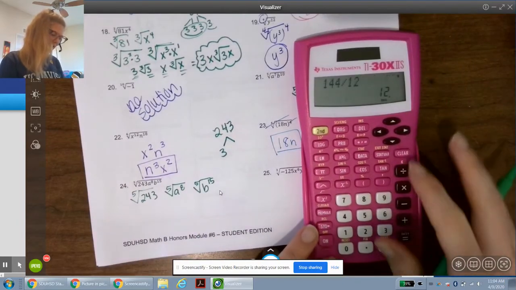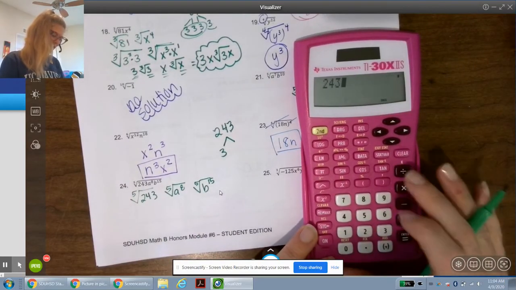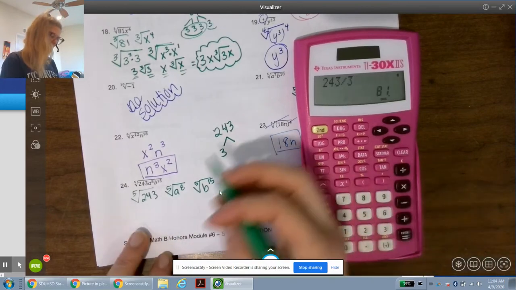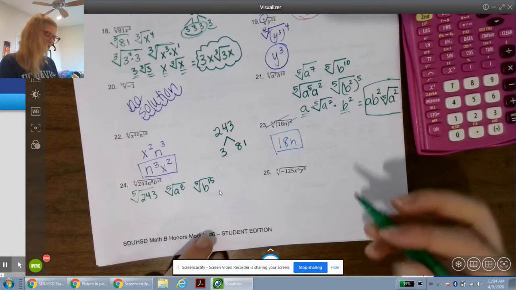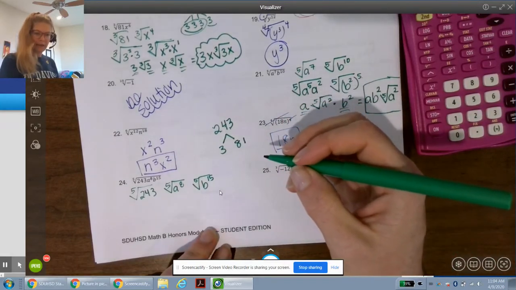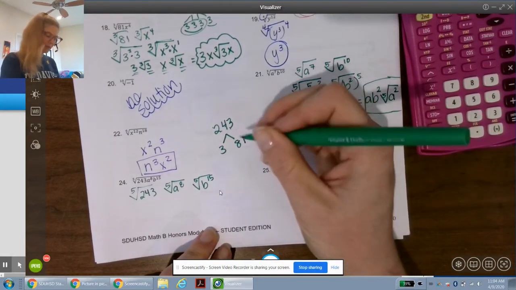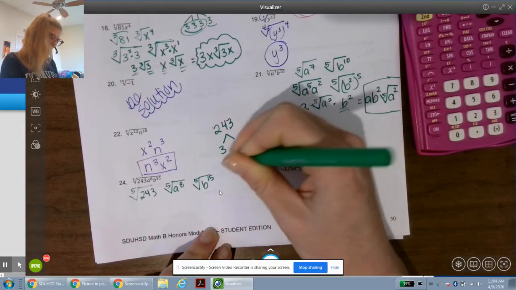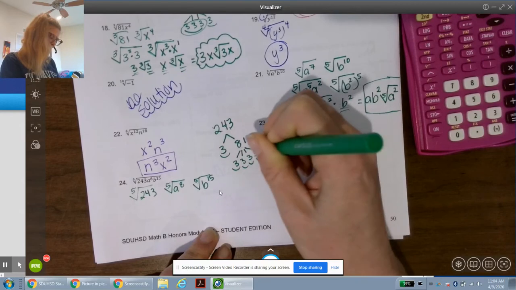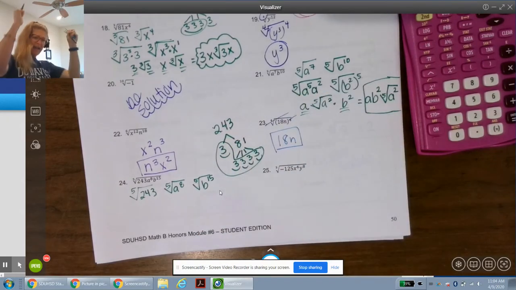I'm going to grab my calculator here. 243 divided by 3, 81. Oh, nice. I know 81 is 9 times 9, and 9 is 3 times 3, so 81 is 3 times 3 times 3 times 3. And that is a group of 5.